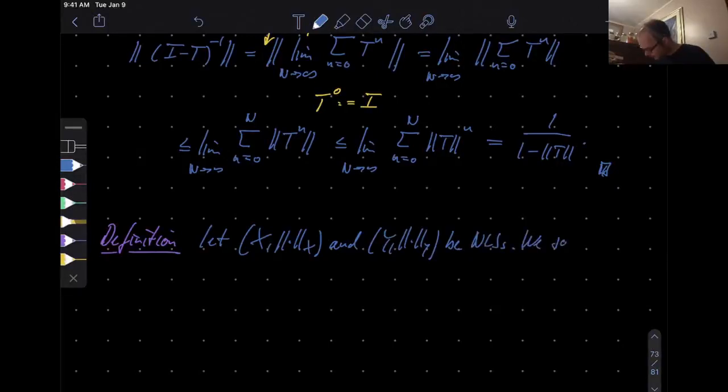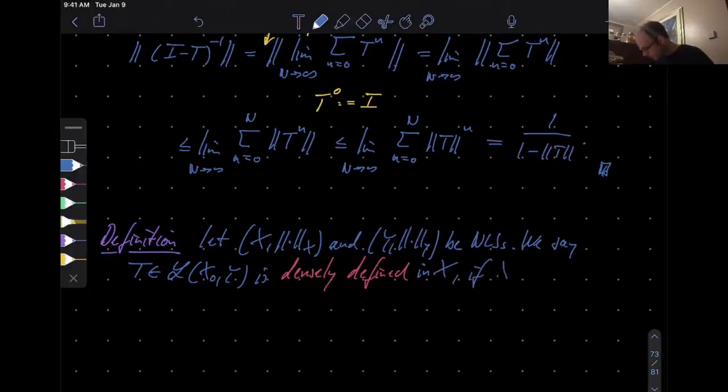We say a bounded linear transformation from a space X naught to Y is densely defined in X if X naught is a dense subspace.